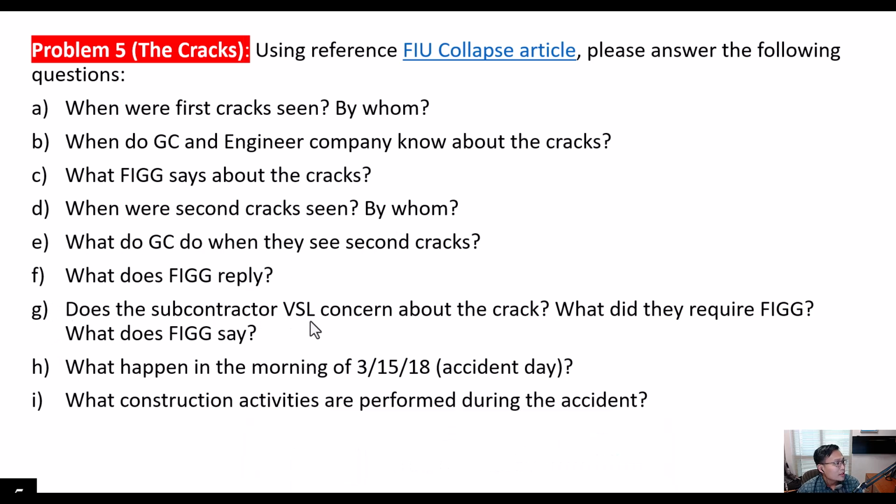there is the subcontractor VSL concerned about the crack, and what did they require FIC to do? What did FIC say?